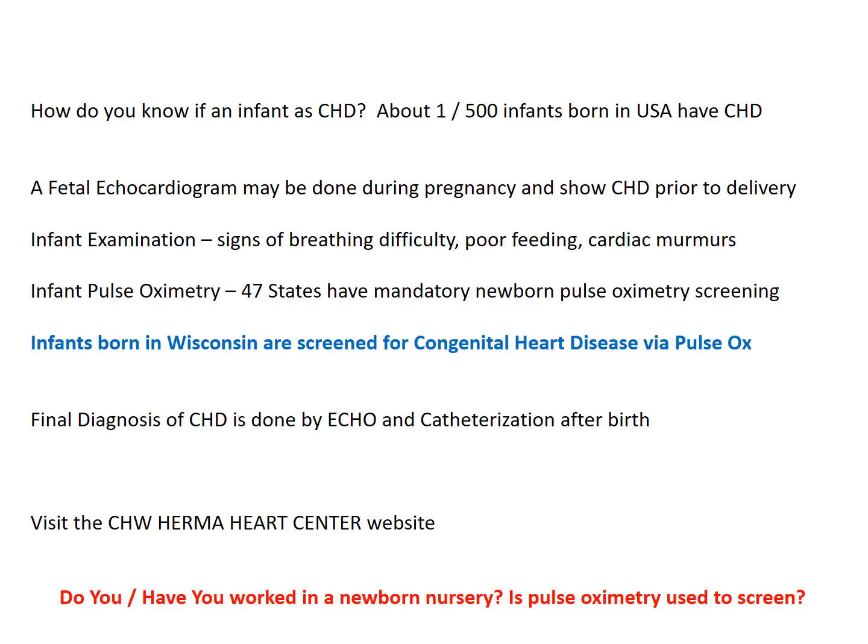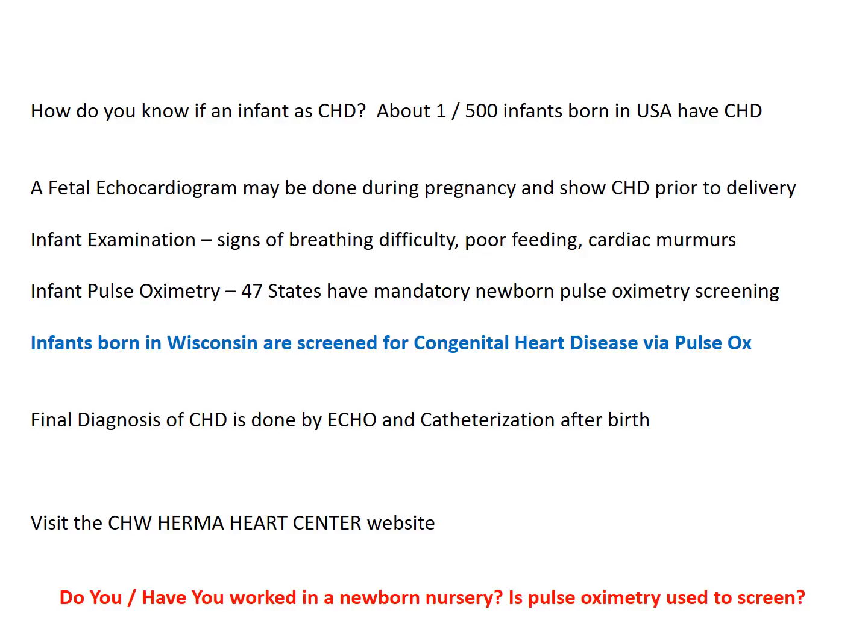That way we know, hey, we've got an infant who's going to be delivered who's got this known form of CHD. Probably best to deliver this infant in a tertiary care center where we've got pediatric neonatology and cardiology ready to deal with this infant as soon as they come out, as opposed to being surprised, right?